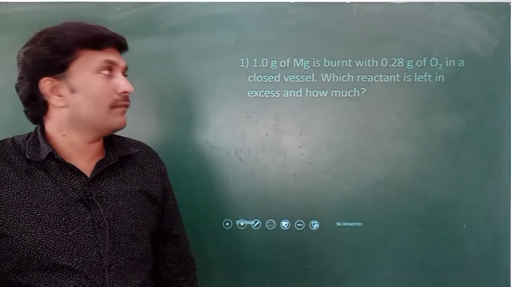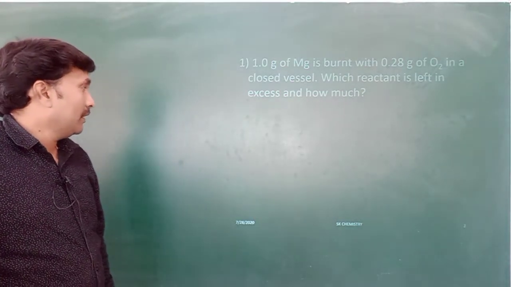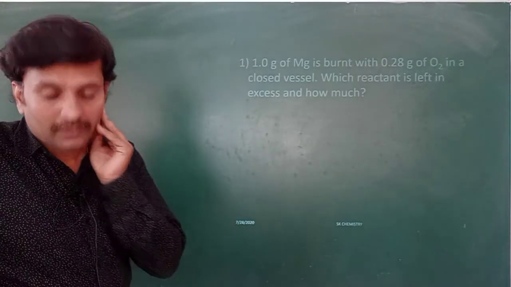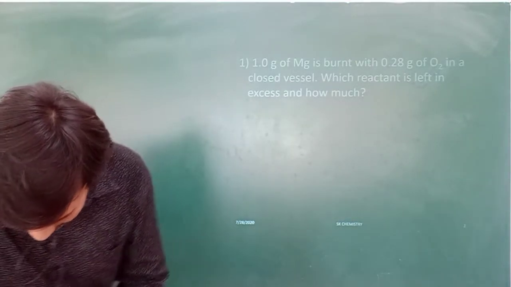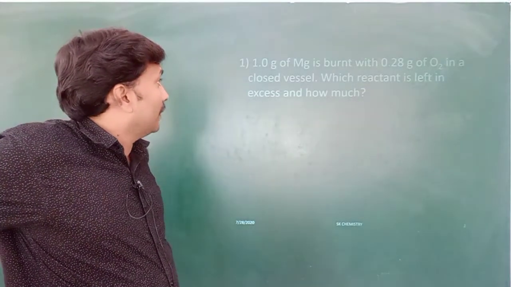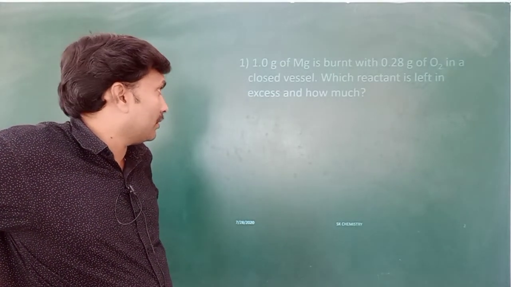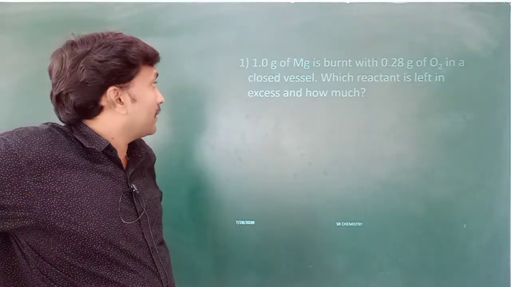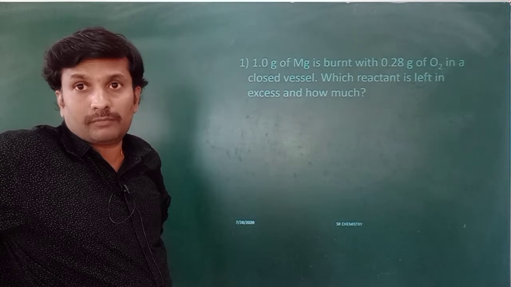Now students, the first question: 1 gram of magnesium is burnt with 0.28 grams of oxygen in a closed vessel. Which reactant is left in excess and how much?